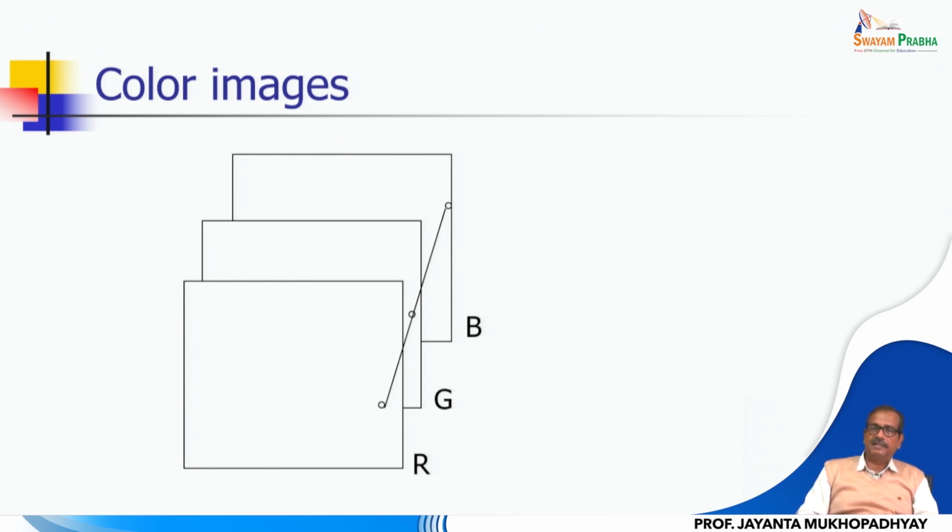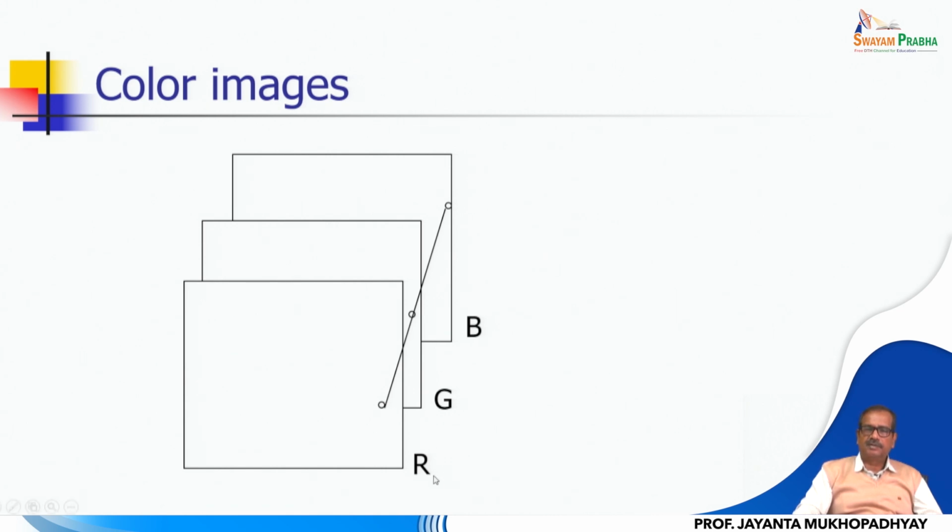Now, when we represent a colored image, as many of you might know, it is the color mixing law that is applied for producing the color or rendering the color points. This means every color can be created by mixing at most three primary colors.